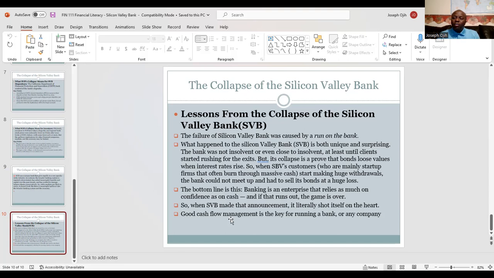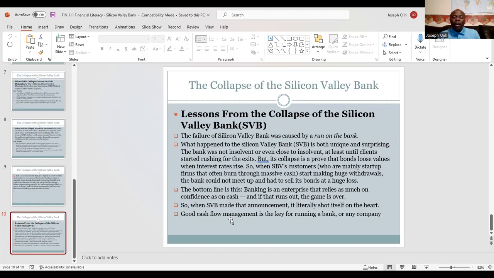With the increase in rates, the bonds lost value, so they couldn't meet up. What happened to the Silicon Valley Bank is unique and surprising. It doesn't mean that the bank was insolvent. It wasn't even near insolvent at all, at least before the clients started to rush for the exit. But its collapse is proof that bonds lose value when interest rates rise.